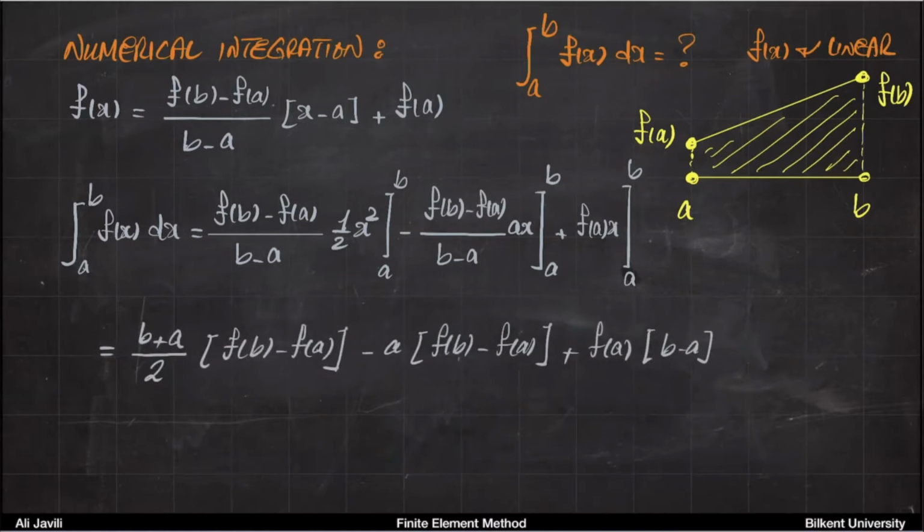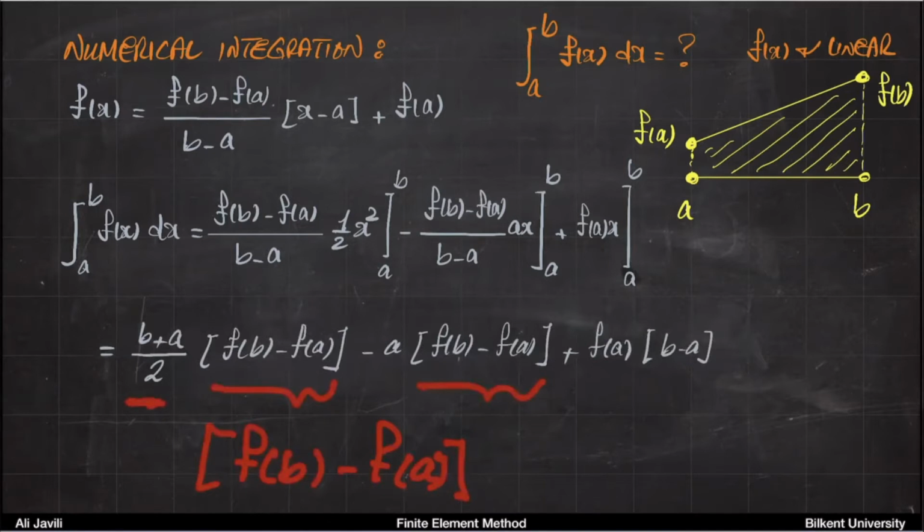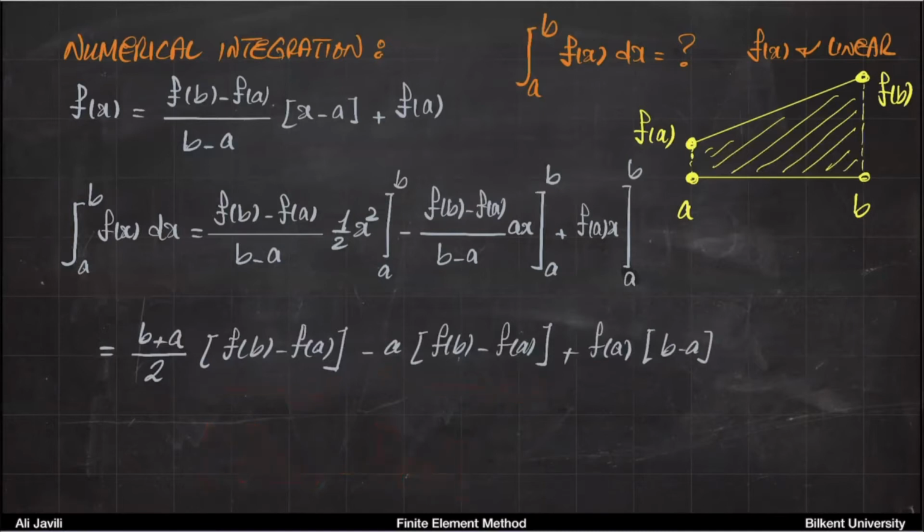Okay, so now that you have this, you can take this term out. You would have fb minus fa for the first two terms. Then you have b plus a divided by 2 minus a. That would give you b minus a divided by 2. So that gives you b minus a divided by 2 times fb minus fa.